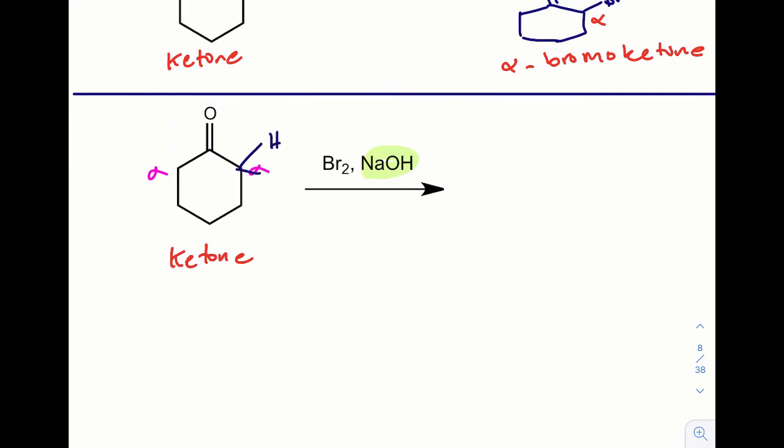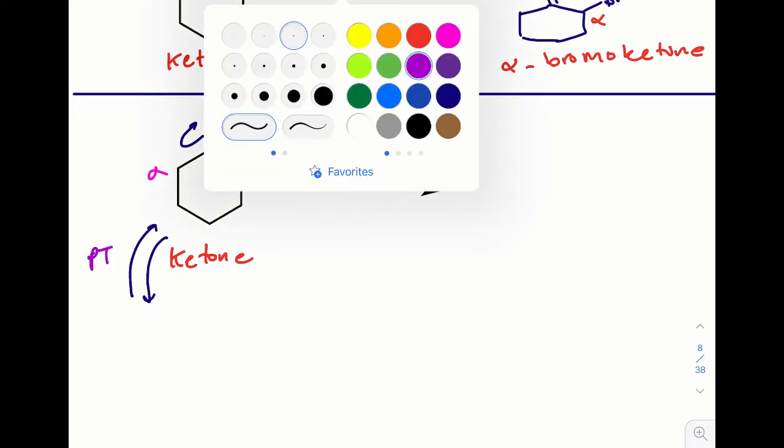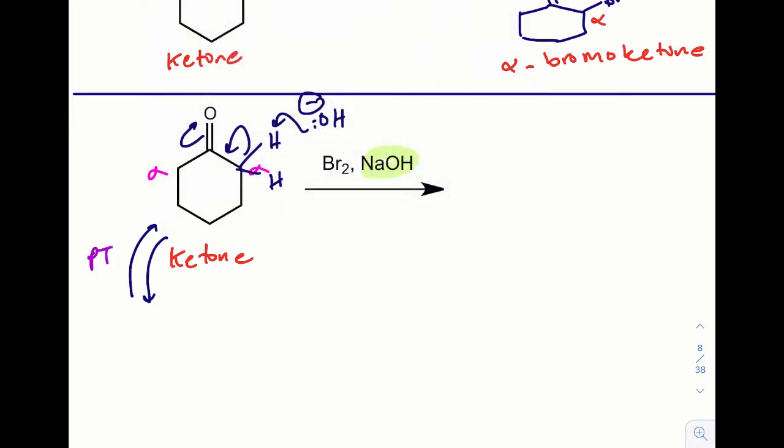Now, under basic conditions, instead of protonating the carbonyl, thinking about the enol keto tautomerization, instead of protonating, the alpha carbon is deprotonated, right? You have a strong base, deprotonate something. Now, of course, the equilibrium constant does favor the reactants here, as we talked about on the previous page when treating ketones with alkoxides or hydroxide, but that's okay.